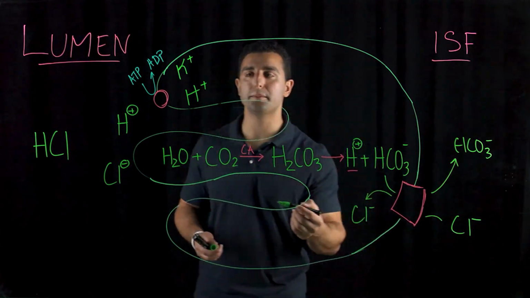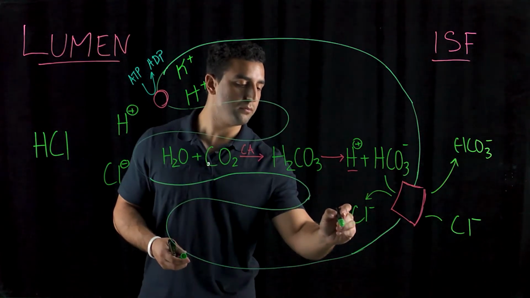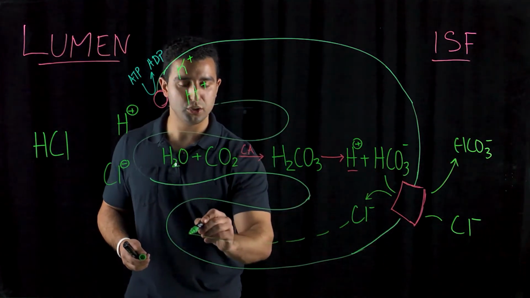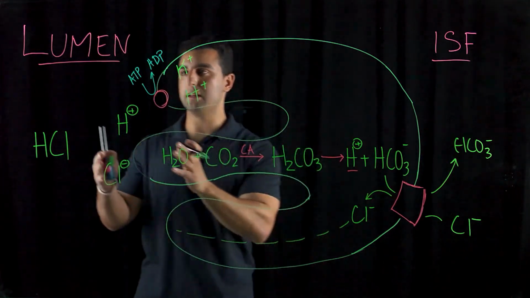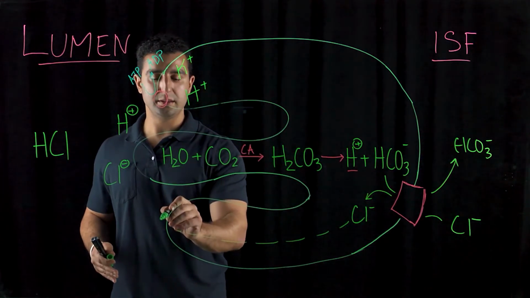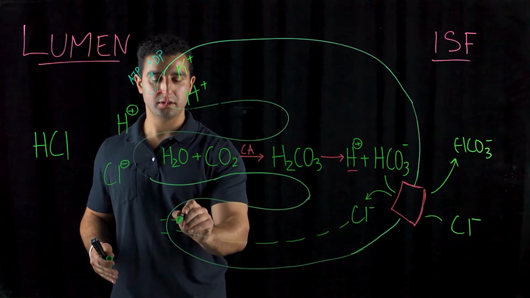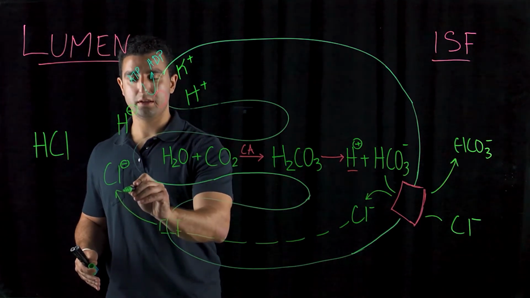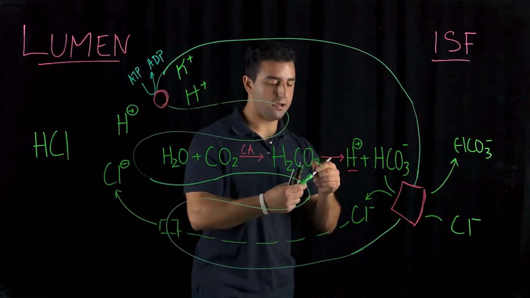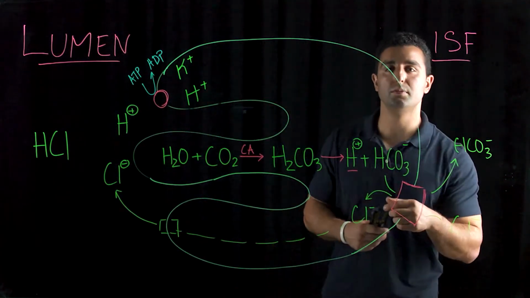Now we have our chlorine. Chlorine now migrates to the terminal end of the parietal cell. So now we're on the apical side, the luminal side. And there are these specific channels present, here I'll draw them for you, that bring the chlorine into the apical side of the stomach.